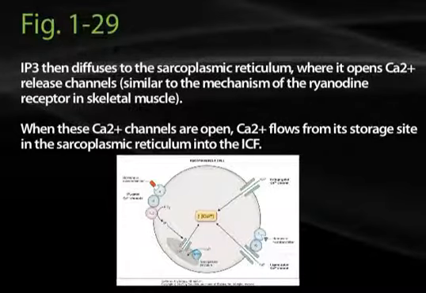IP3 then diffuses to the sarcoplasmic reticulum, where it opens calcium release channels, similar to the mechanism of the ryanodine receptor in skeletal muscle. When these calcium channels are open, calcium flows from its storage site in the sarcoplasmic reticulum to the ICF cytosol.